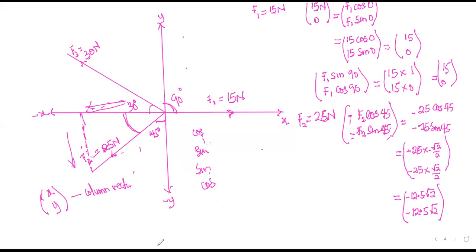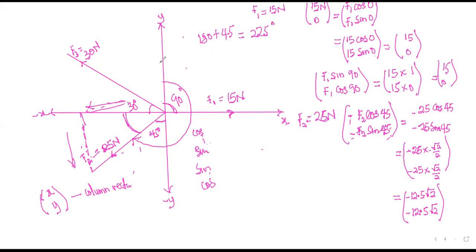Okay. The other way out is that you can use the whole angle it makes with the positive y. This whole angle from the north or positive y will be equal to 180 plus 45, and 180 plus 45 is 225 degrees.